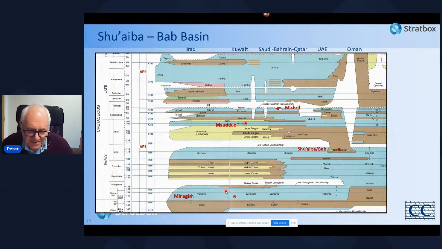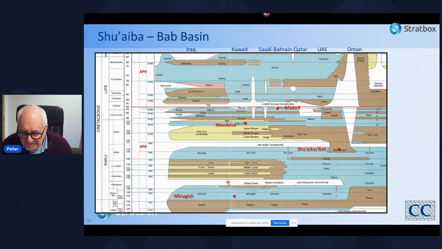Before I do that, I should say that the Minagish carbonates are capped by an erosion surface which limits the reservoir distribution, and we can map the stratigraphic separation of this unconformity.